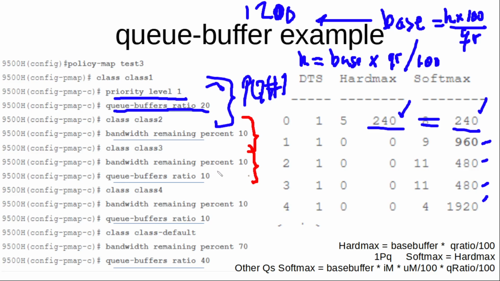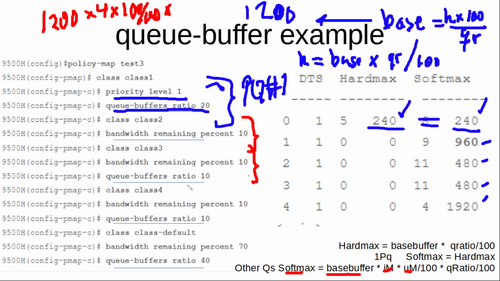So the formula is SOFTMAX equals the base buffer, which is 1200, multiplied by the internal multiplier, which is 4, multiplied by the user multiplier, 100 divided by 100, which gives us 1, and multiplied by the Q ratio divided by 100.